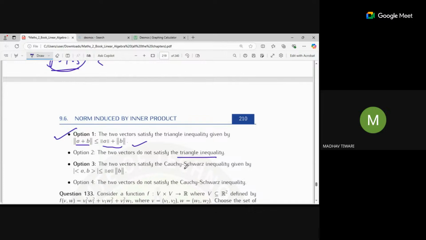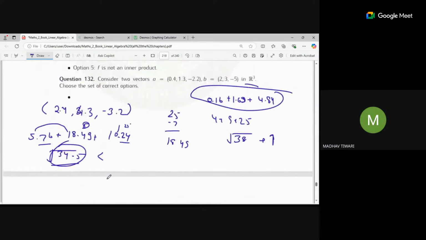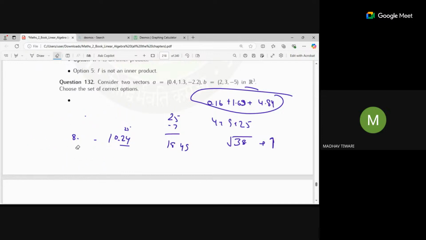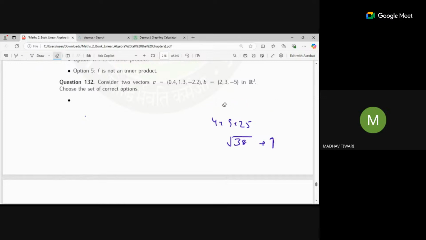Next is whether the two vectors satisfy the Cauchy squares inequality. If you do the inner product or dot product between these two, this should be lesser than this. So what is this saying?